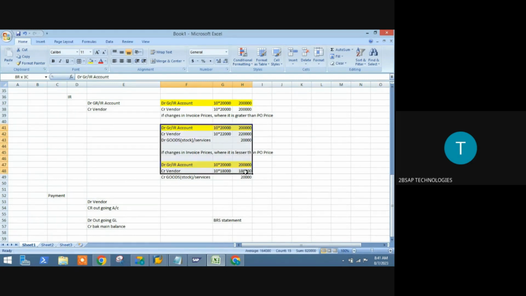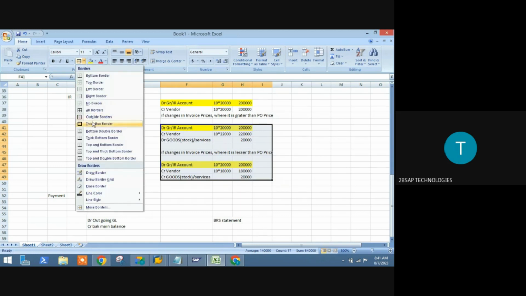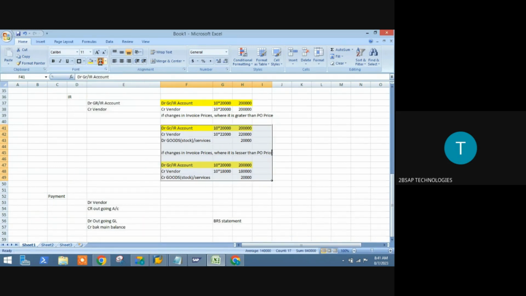So now I am going to take the regular continuous one only. I'm not going to consider this one. I'm going to consider this line, and based on that, I'm going to explain the payment concept. Clear, sir? Now assume your invoice came at 2 lakhs.